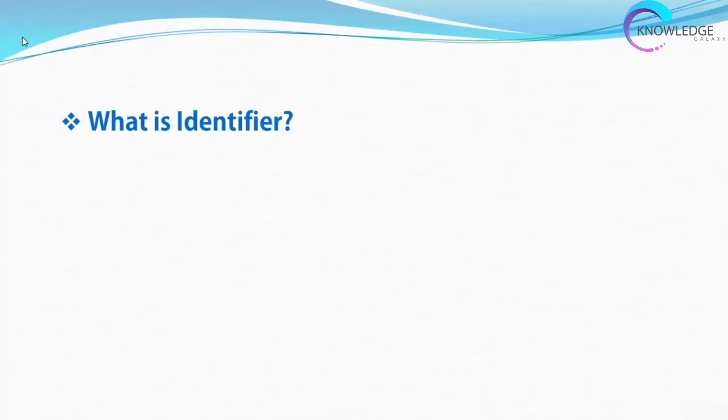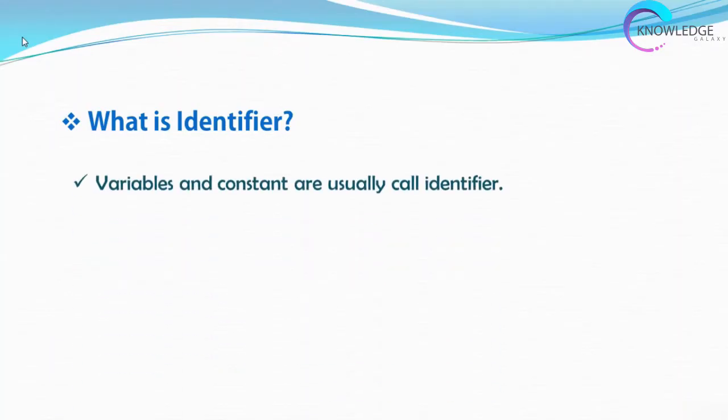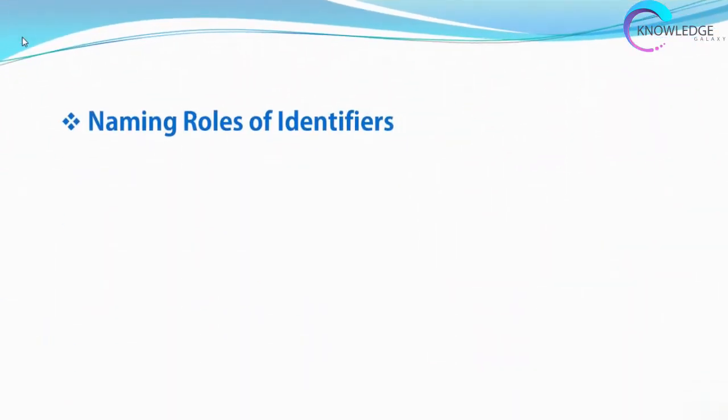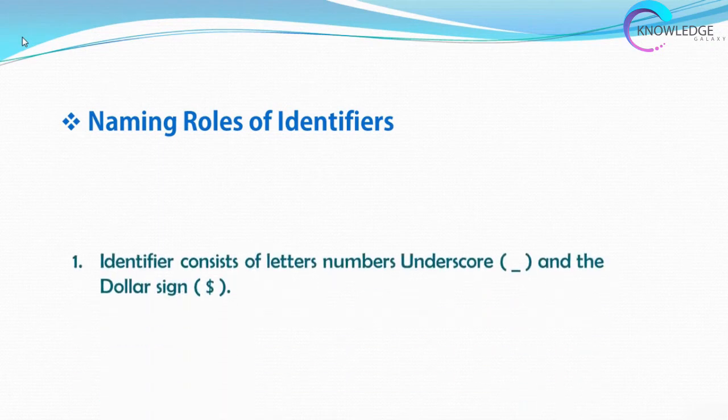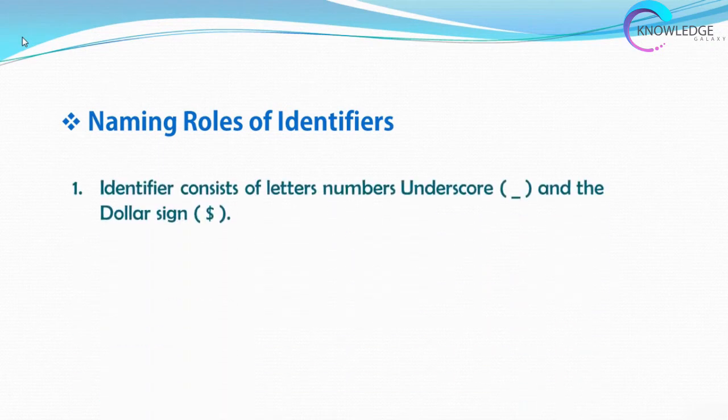Now, the next topic is identifiers. Variables and constants are usually called identifiers, and they have naming rules. An identifier consists of letters, numbers, underscores, and the $ sign. Unicode characters are allowed.